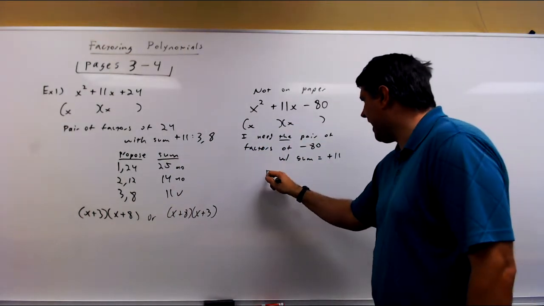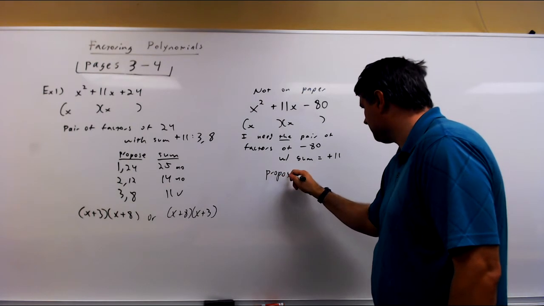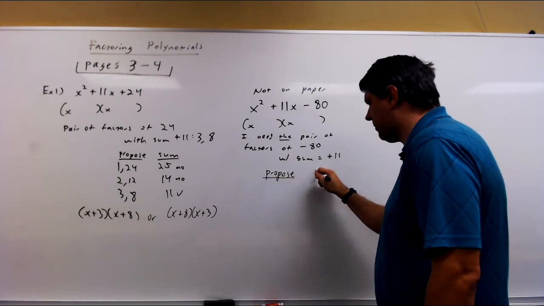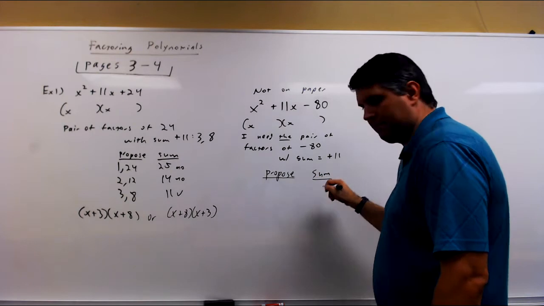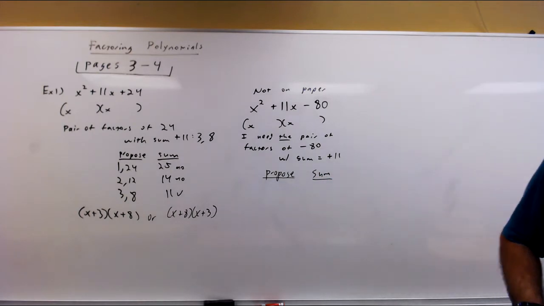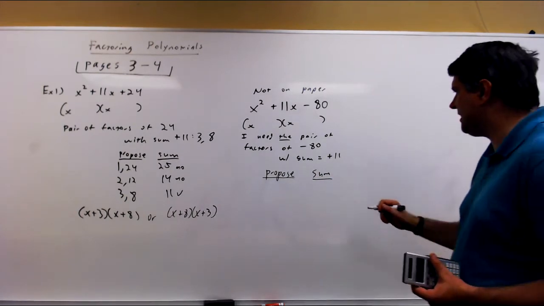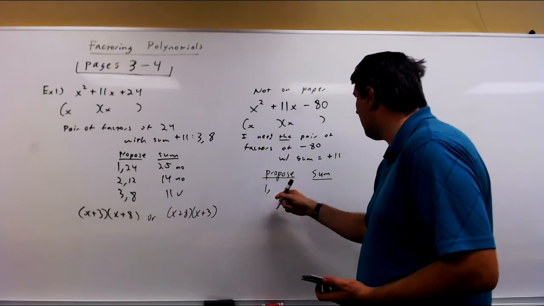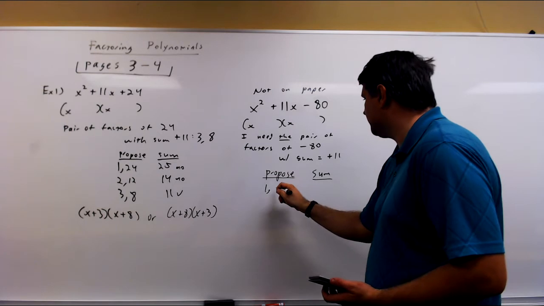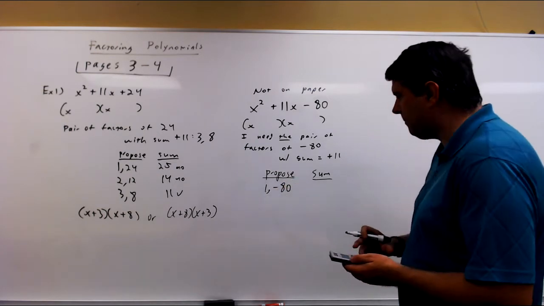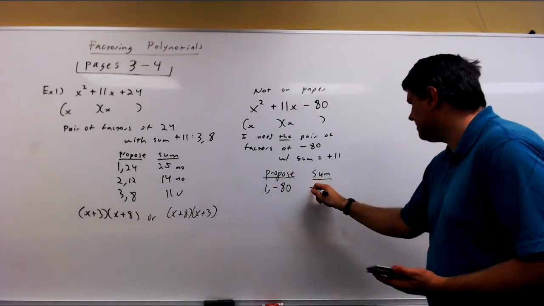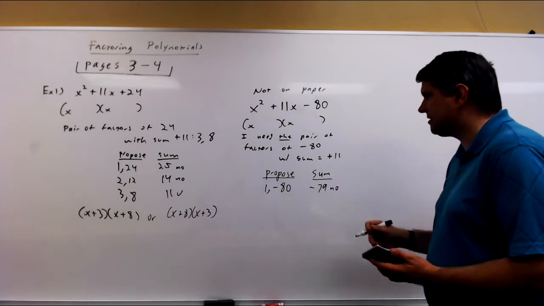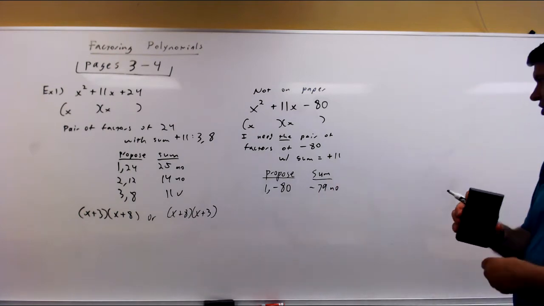I'm going to pretend that I have no idea. Propose and sum. So I know it's even. I know it's an integer, so it's divisible by 1. Negative 80 divided by 1 is negative 80. And 1 plus negative 80 would give me negative 79. That's neither the positive nor negative version of what we need.